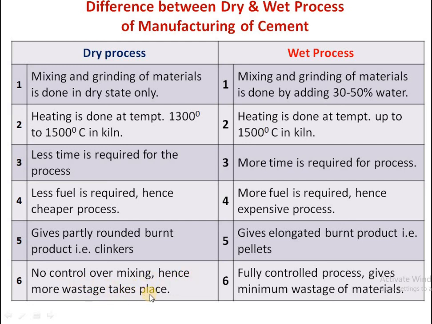During mixing, there is a possibility of wastage of various raw materials, so some amount of material may go in vain. But in the wet process, due to the addition of water, there is very little chance of wastage of materials. So it is a fully controlled process. So these are some of the differentiating points between the dry and wet process.